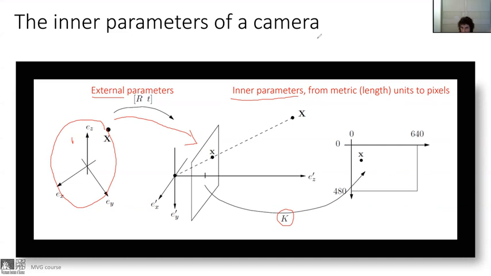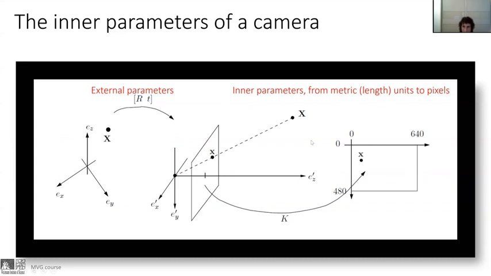So let's dive into the parameters of K to understand what is going on here. Is this clear? I guess yes. So let's describe the inner parameters.